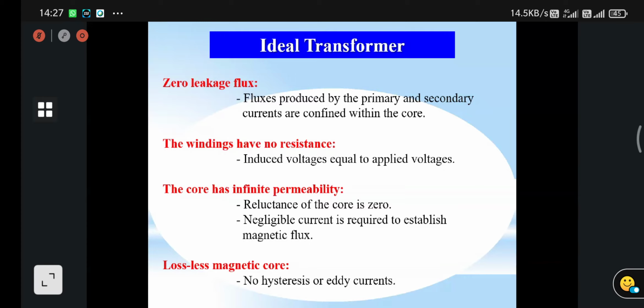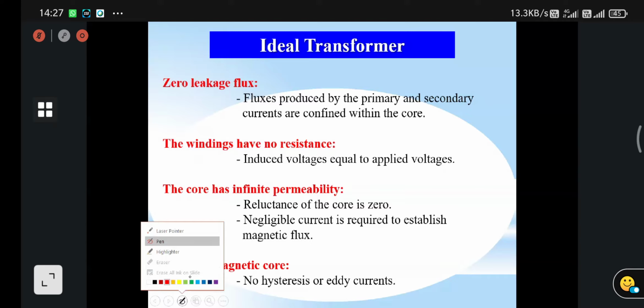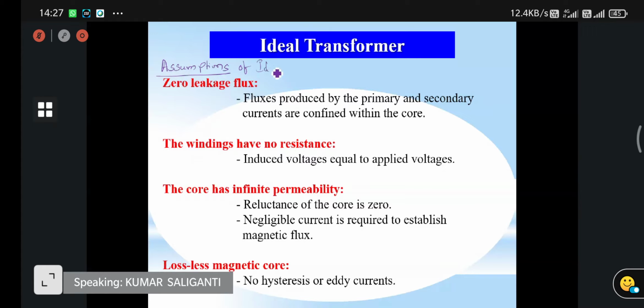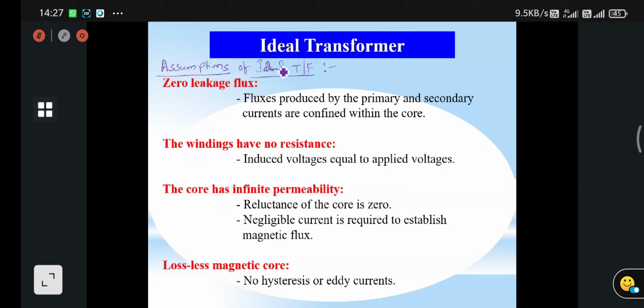These are the assumptions of the ideal transformer.